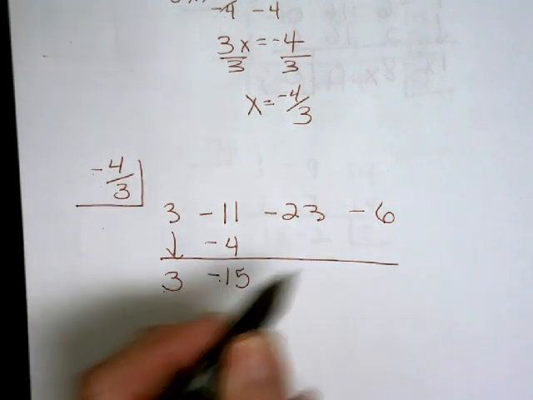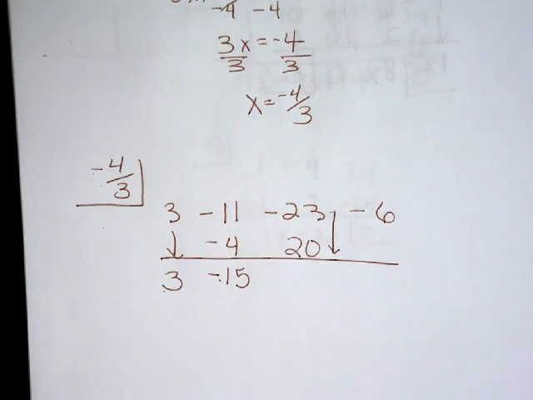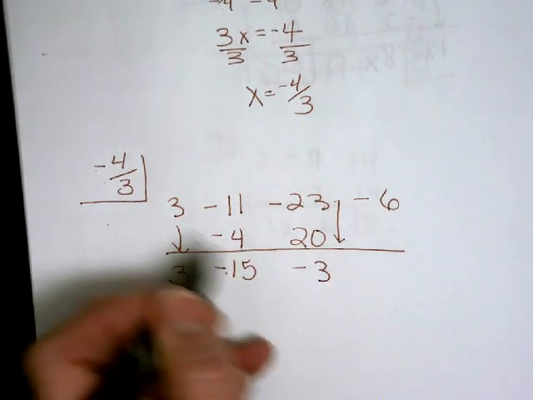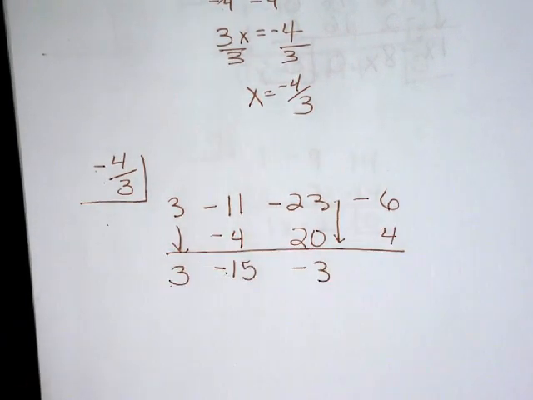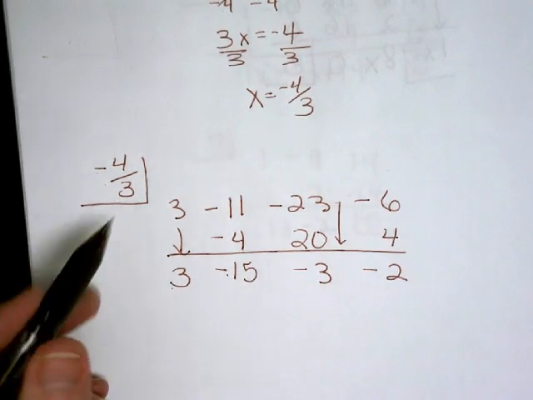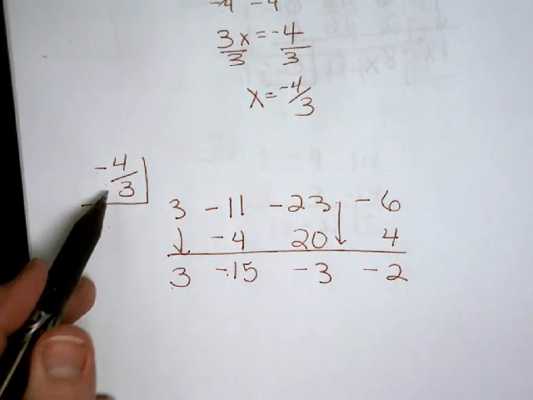I can do that in my head. -15. Okay, this guy turns out positive 20. I'm doing it in my head, guys, so tell me I'm wrong if I'm wrong, please. -3 goes back to a positive 4, and I end up with a -2.